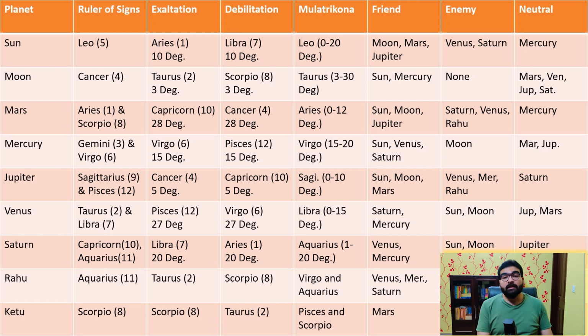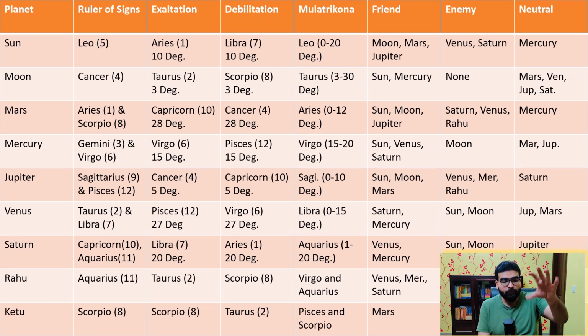Then Saturn's Mulatrikona zodiac sign is Aquarius, because Saturn and Aquarius both are Vayu, airy planets and air sign. I have explained this in the first video, how the creation happens from the perspective of the elements. So first Akash is there, then Vayu, then Agni, then Jal, then Prithvi. So Saturn is that planet which is trying to limit the infinite.